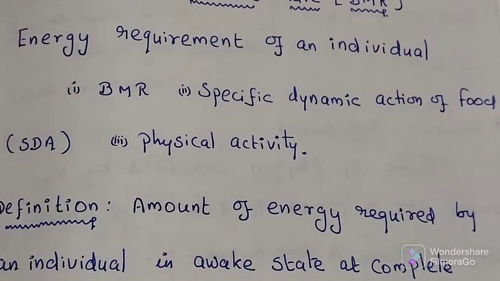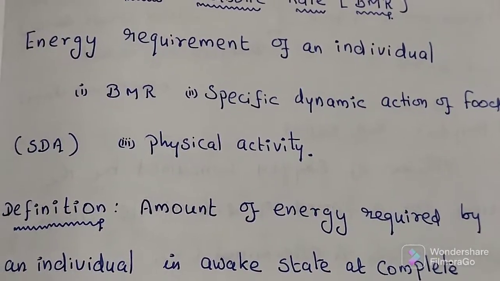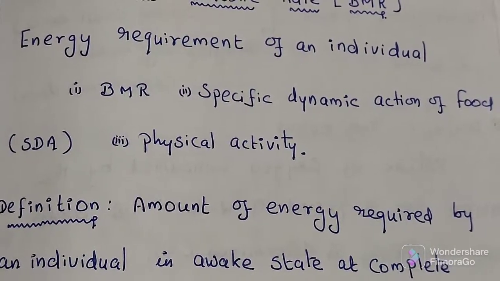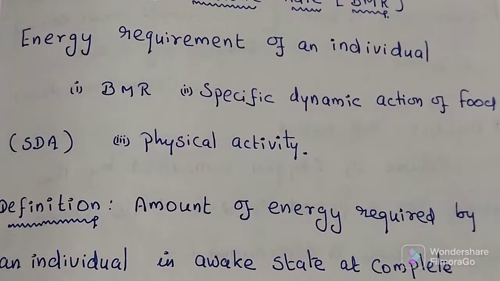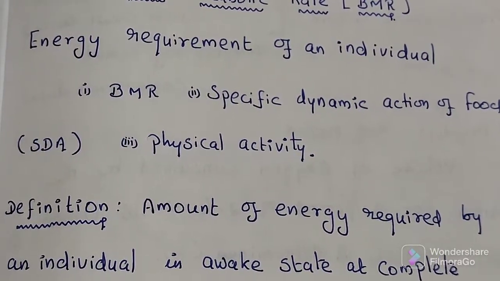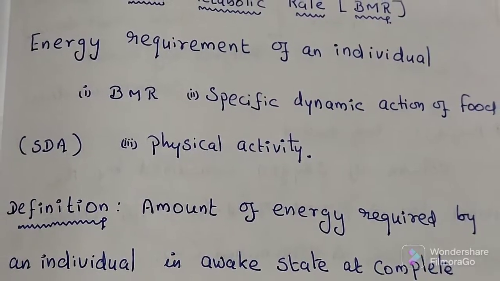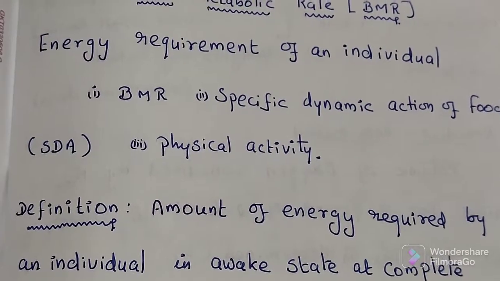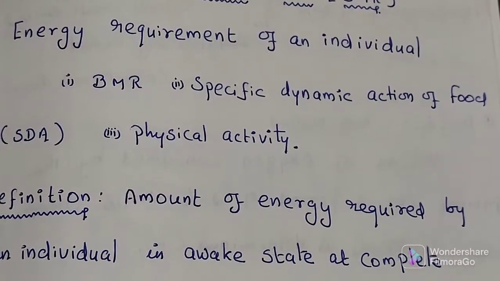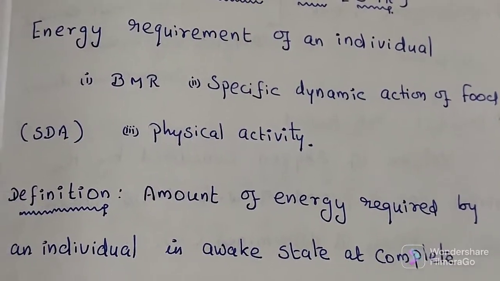Third one is physical activity, the calorie requirement of physical activity. These are the three important things. Whenever we calculate the energy requirement of an individual, the three things are basal metabolic rate, specific dynamic action of food, and physical activity.